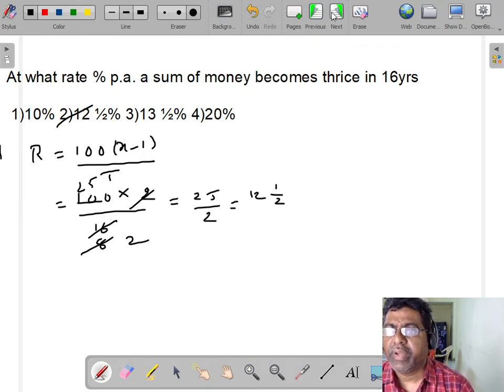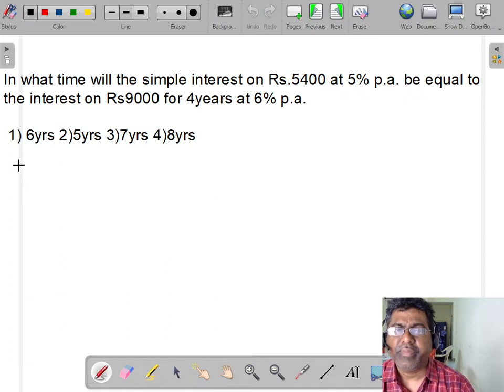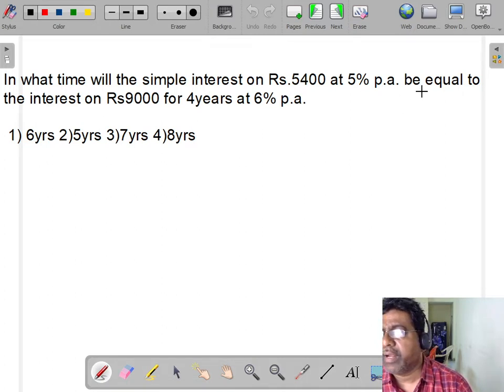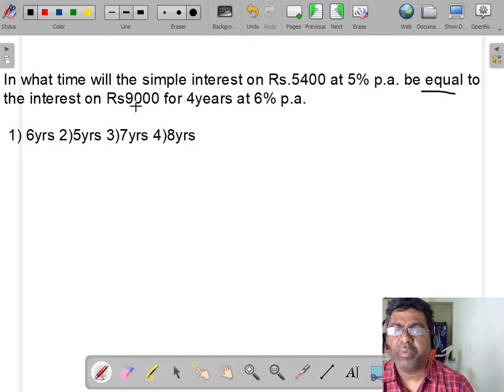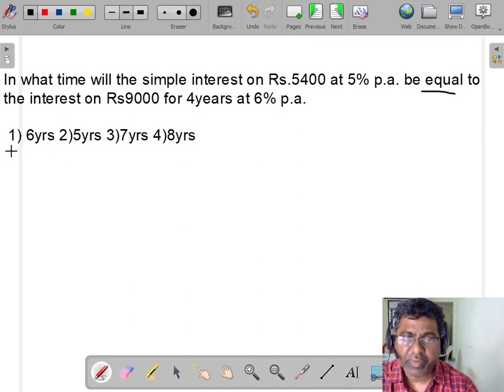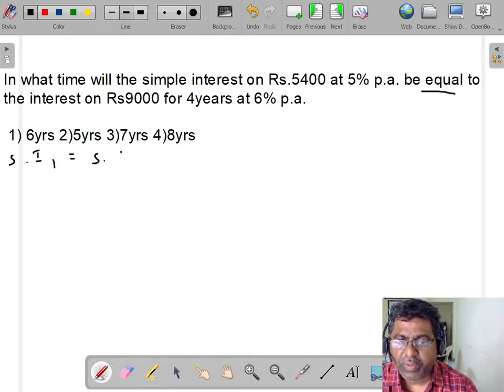Now you can see the next problem. In what time will the simple interest on rupees 5,400 at 5% per annum be equal to the interest on rupees 9,000 at 6% per annum for 4 years? So he is telling that the two interests are equal. SI1 is equal to SI2.